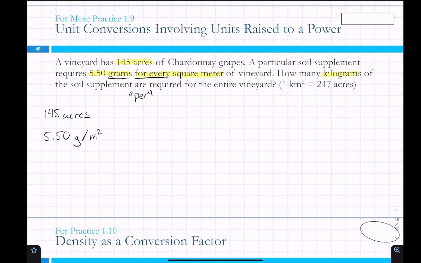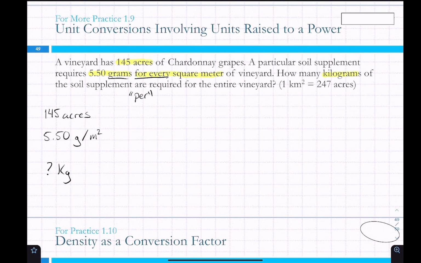And then the thing that we're looking for is how many kilograms of soil supplement are required. Okay, so this is where my general advice of look for the number that's not a conversion factor comes into play.